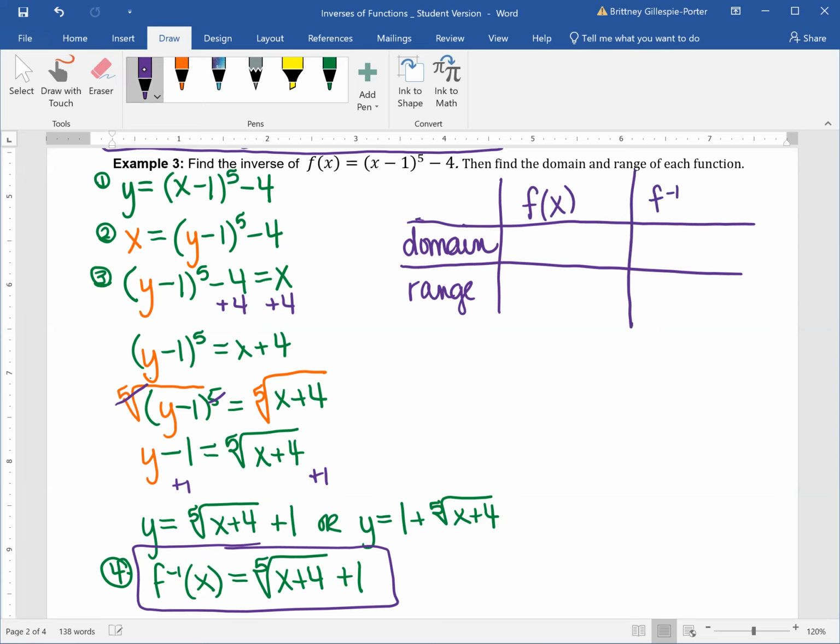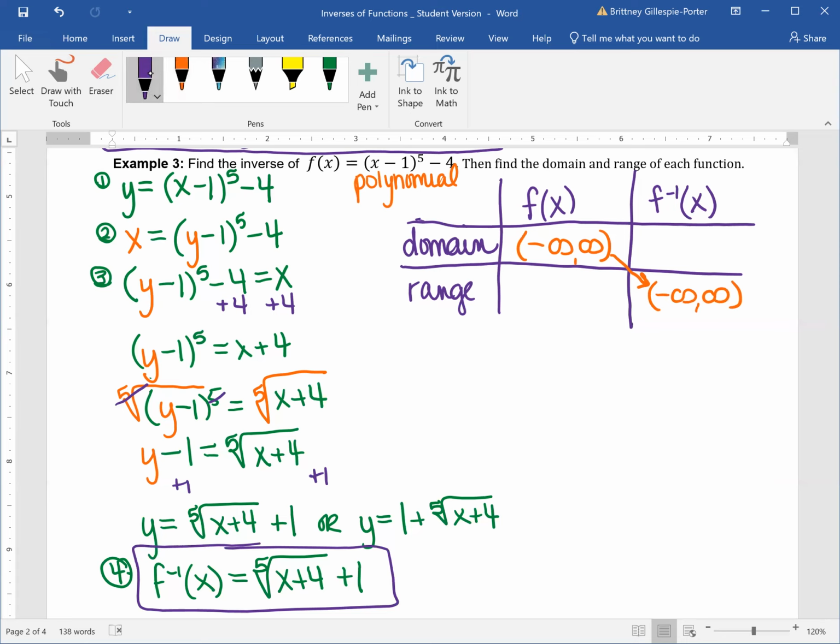We have the inverse. Okay, so our original function was a polynomial. And we know the domain of a polynomial is negative infinity and positive infinity. And if we found the domain of the original, we found the range of the inverse.